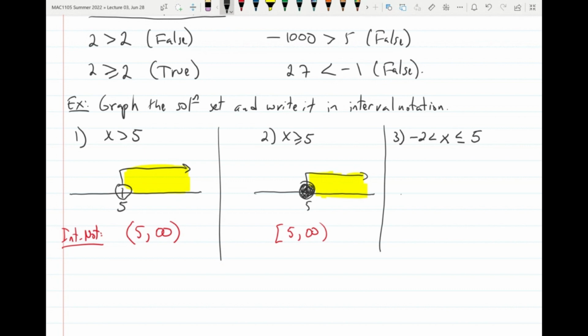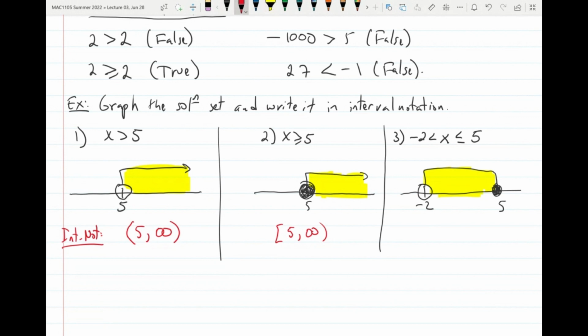And so the picture should be pretty straightforward, right? So here is -2, here is 5. Should I include -2? No. So we draw an open circle. Should I include 5? Yes. So we draw a closed circle and then anything in between. Do you understand this?